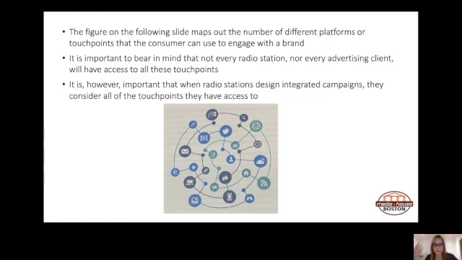So you might want to run an integrated campaign that makes use of, for instance, Twitter and Messenger and mobile messaging and perhaps email, perhaps a mailer. Maybe you're connecting it to games, so to advertising in games. There's so many things that you can do with it. It purely depends on the touch points that you have access to and what it is that the client at the end of the day wants.